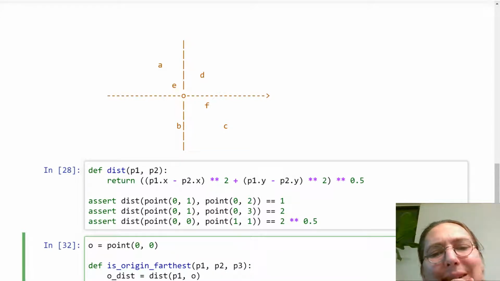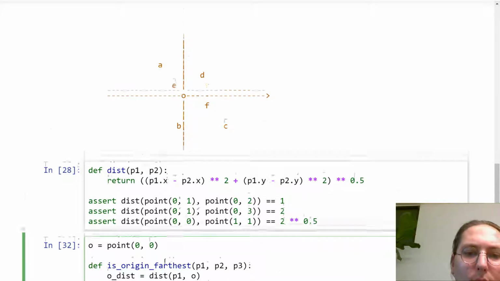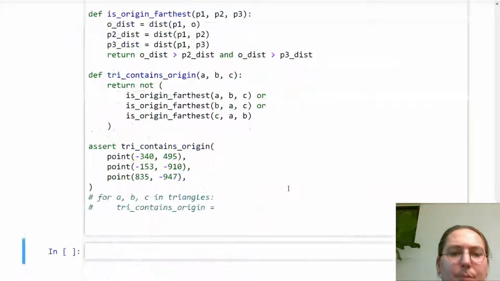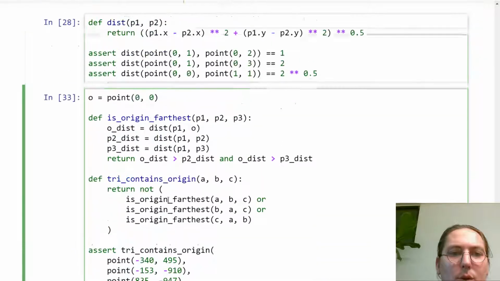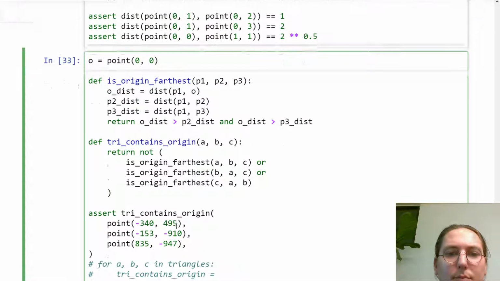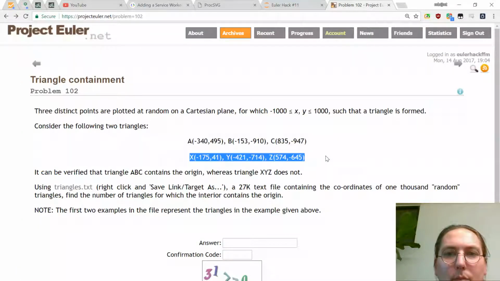Here further should both... this is superior to this. So the assertion holds. Maybe we can test the other triangle.